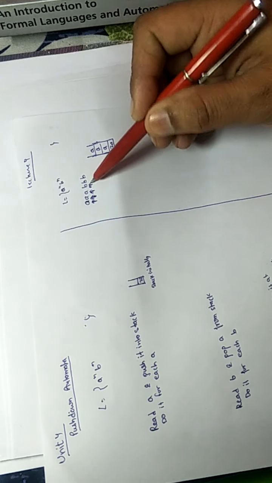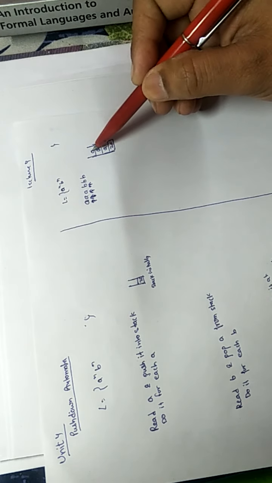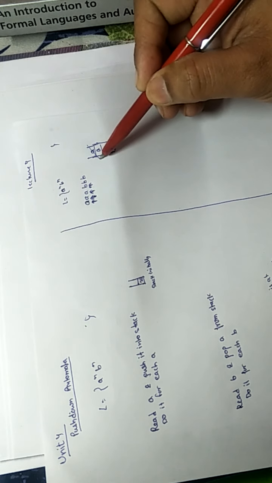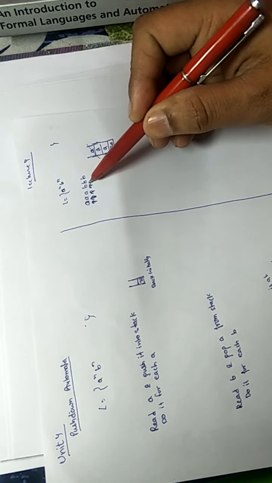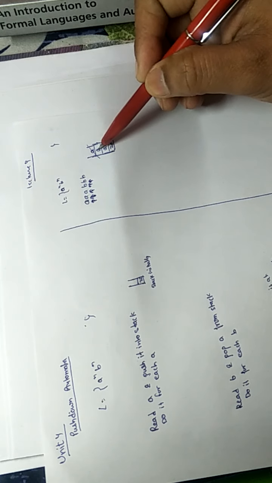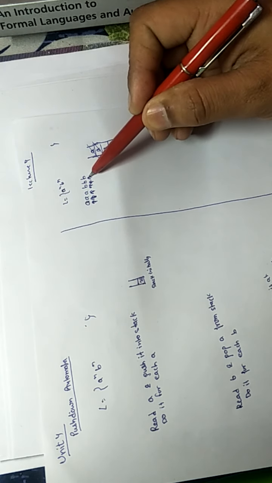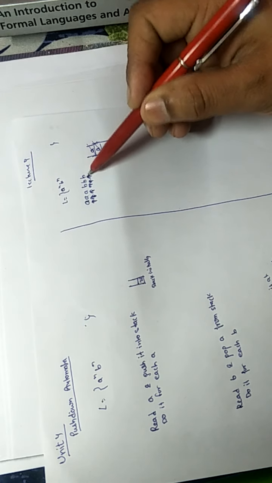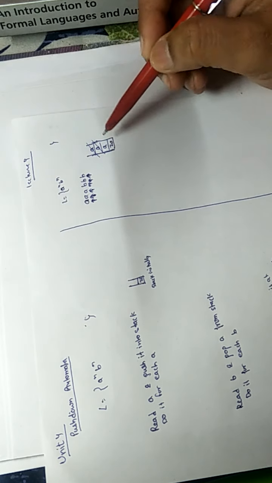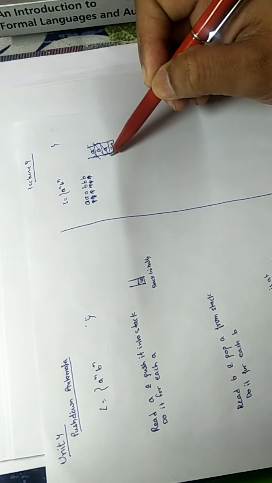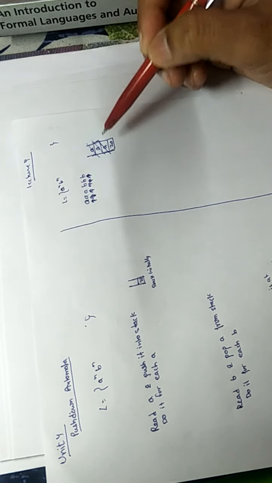Now read B, A is on the top, so pop A. Now read B, A is on the top, so pop A. Now read B, A is on the top, pop A again.